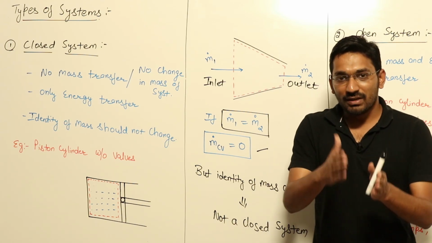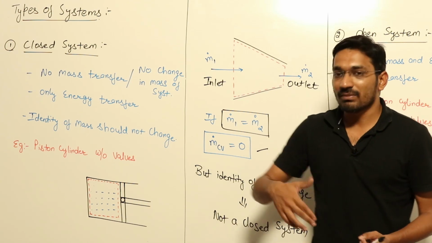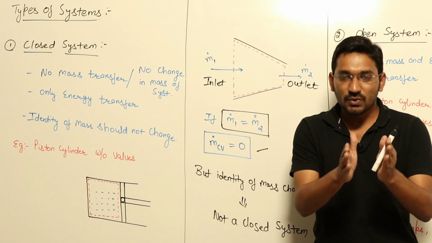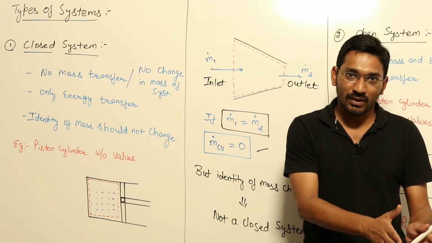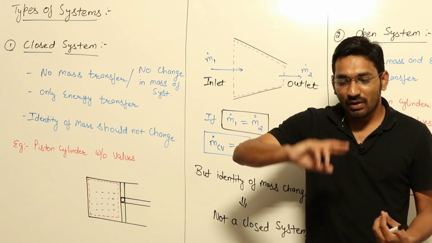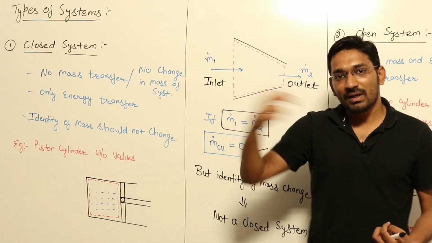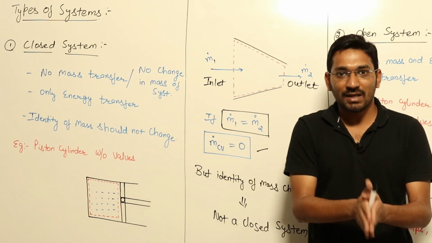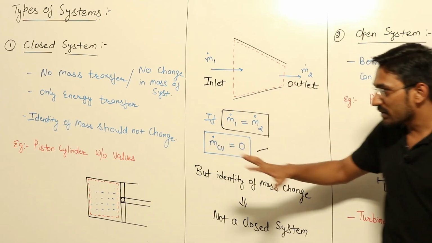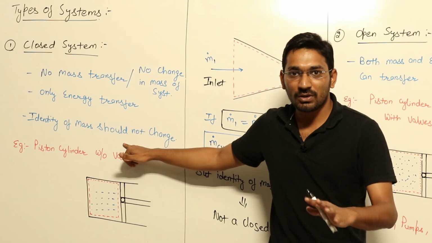If Suresh is going out and Mohan is coming in, net students in this class will be 10 only, but the identity of the people is changing, because Suresh is going out and Mohan is coming in, so the identity of the mass will change. So it is not a closed system. In a closed system, identity of mass should not change.